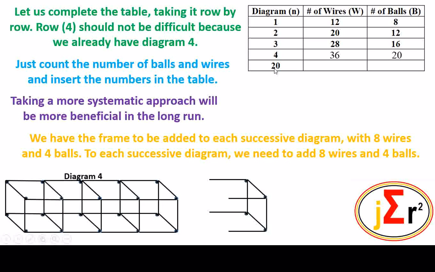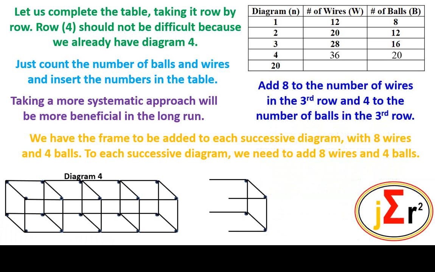We have the frame to be added to each successive diagram with 8 wires and 4 balls. To each successive diagram, we need to add 8 wires and 4 balls. Add 8 to the number of wires in the third row, which we have done, but we are just going to show that again, and 4 to the number of balls in the third row. Notice that we have 28 wires in the third.